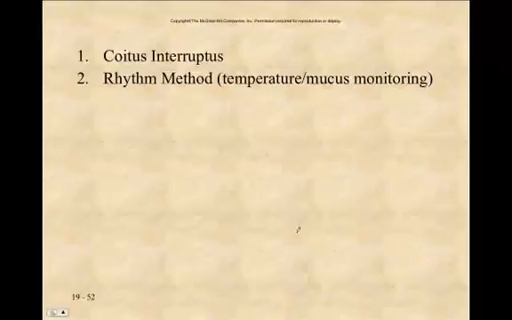This is tough because you really have to be paying attention, but if you pay attention to your body and notice that change in the vaginal mucus, that's a good indicator that ovulation is occurring. The description is that it typically becomes more like the consistency of an egg white.